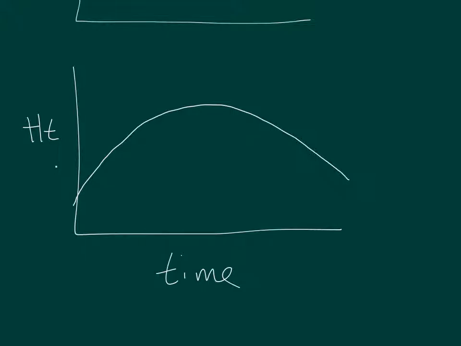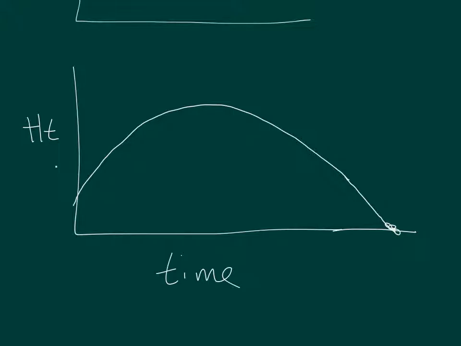So as you can see, when I throw the ball, it leaves my hand and it travels in an arc. And the longer the ball is in the air, it reaches a peak, and then it starts to descend back to the ground. Eventually, we know that that ball is going to hit the ground at a certain time.